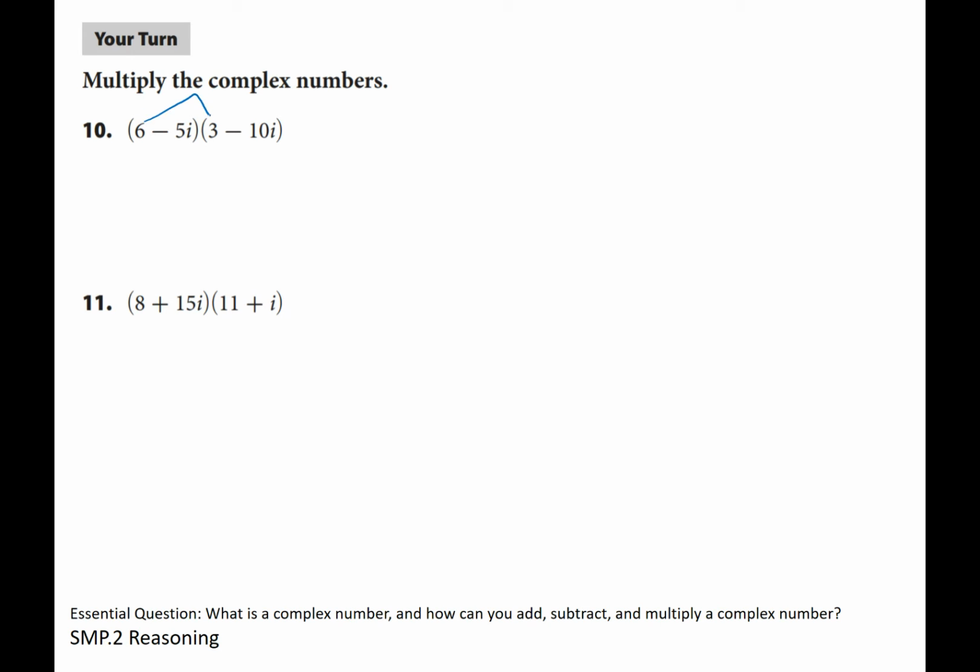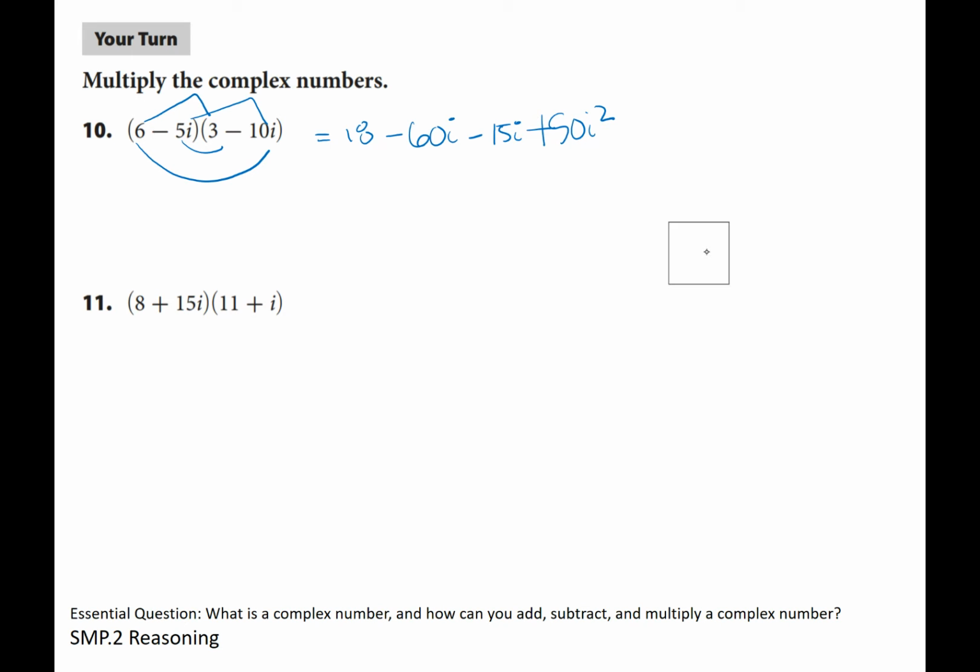So 6 times 3 is 18. 6 times -10i is -60i. -5i times 3 is -15i. -5i times -10i is +50i squared.